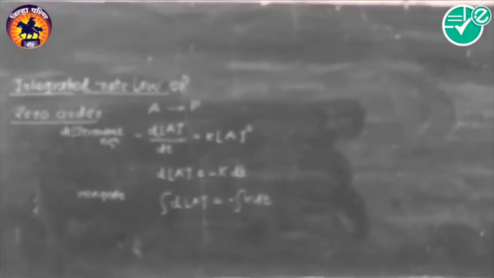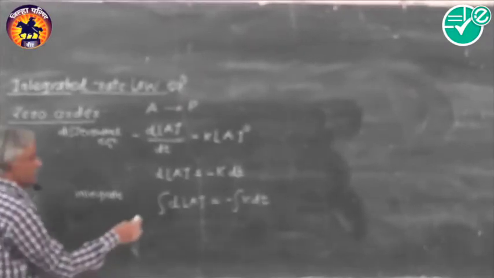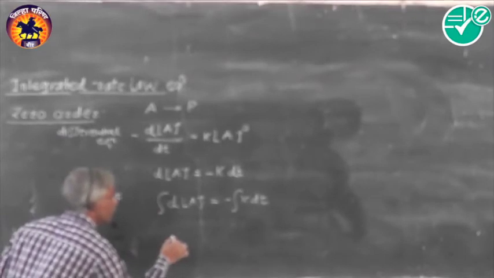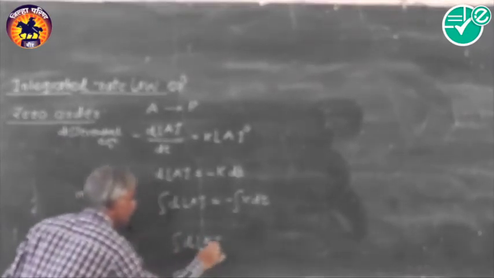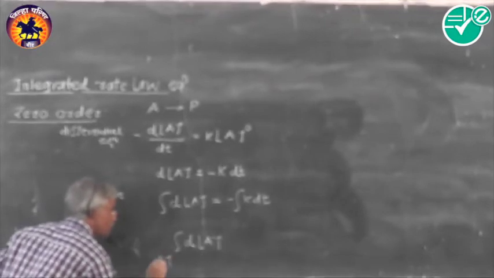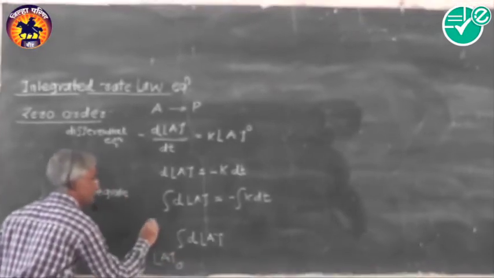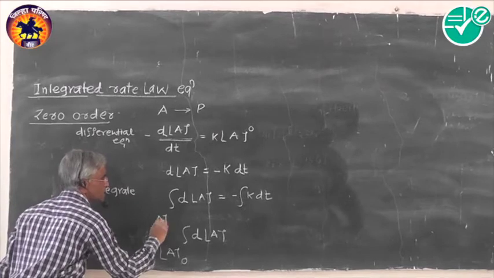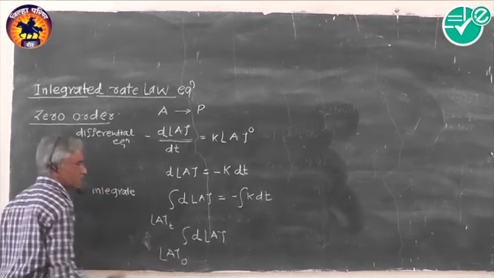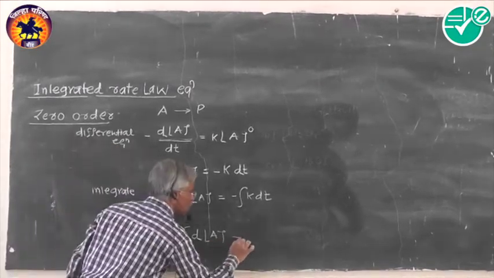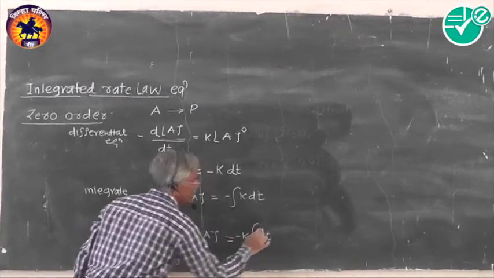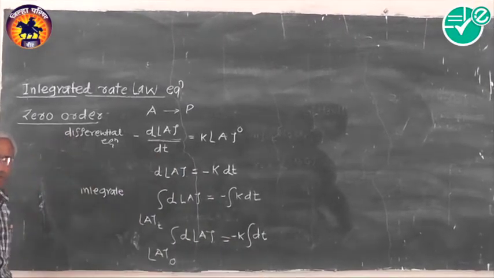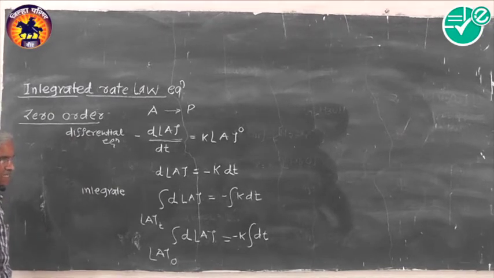So therefore we will put the limit here, and I will write integration of differentiation of A, initial concentration as A0, and say the concentration at time t is At, which is equal to minus k integration of dt. I have taken k out of the integration sign because k is a constant.